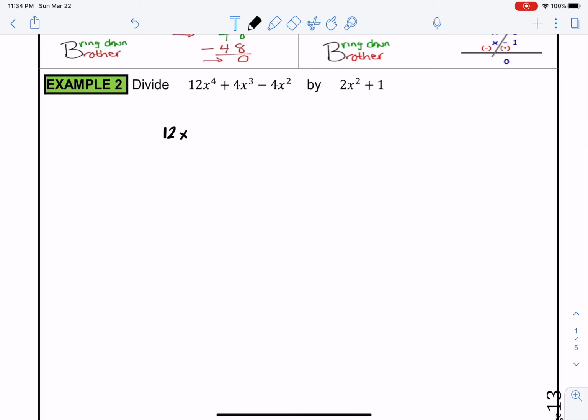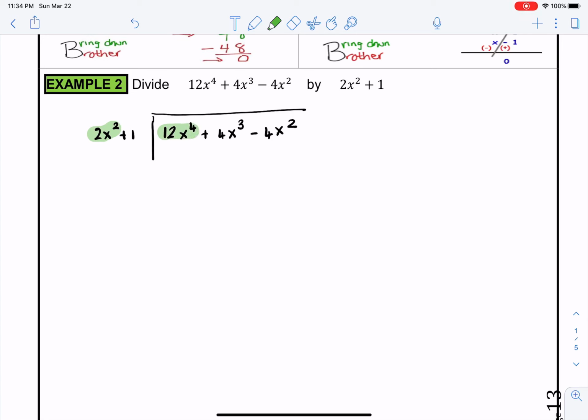So 2x raised to 4 plus 4x cubed minus 4x squared, and we have to divide it by 2x squared plus 1. The goal here is to look at the first term, and we have to multiply it by some expression so that when I subtract, and I'll show you that subtraction step, I would get rid of that term.